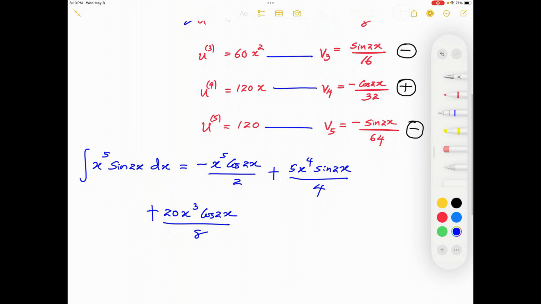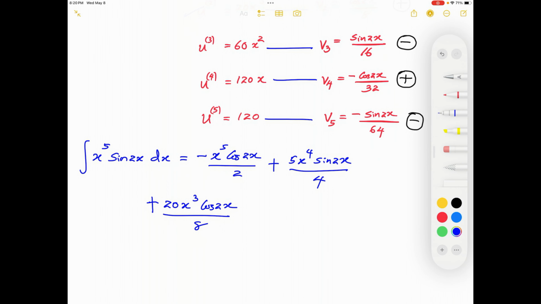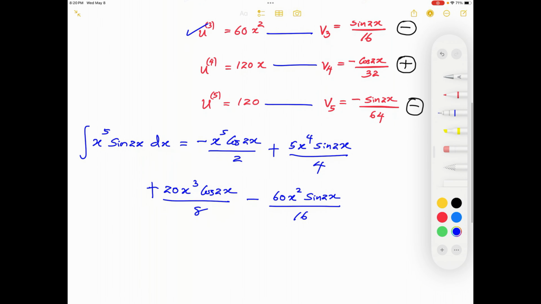Alright, then we go on to the next line. In the next line, we have to multiply 60x squared and sine 2x over 16, and we need to distribute a negative sign. Then it will become negative 60x squared times sine 2x all divided by 16. We are done with that as well.